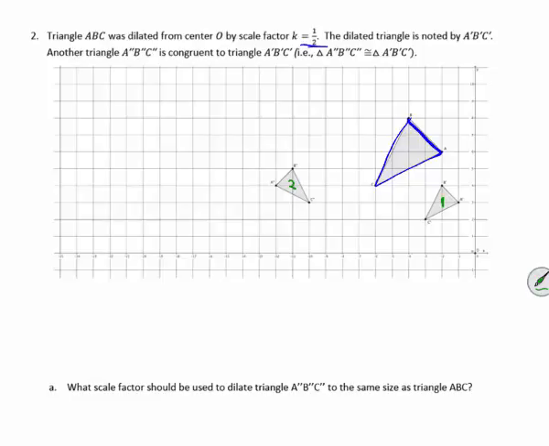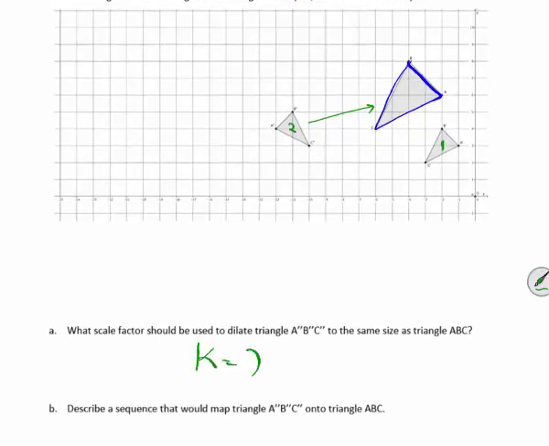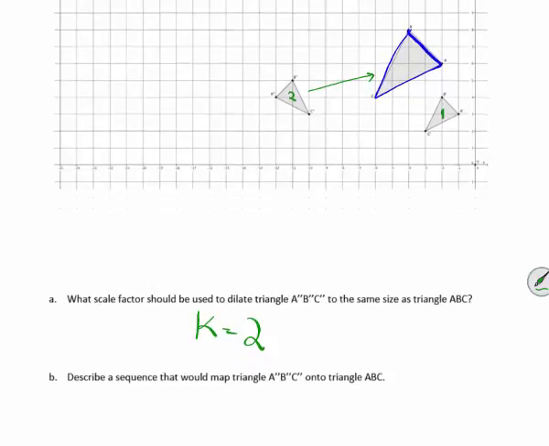So we have to do the reverse, right? Because I'm going from here, number 2, to the original. It has to get bigger, and it has to be the opposite of that. So it's going to have to be a scale factor of 2. Describe the sequence that would map triangle A double prime B double prime C double prime onto triangle ABC. So the first thing we would have to do is move this back over to here.